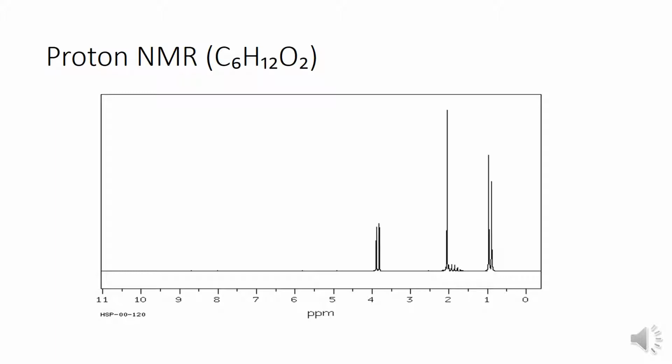Starting on the far right, we have an integration number for this peak of 6. Looking left, we have an integration of 3 for this large peak, and the next 2 peaks on the left look to be split, which means that some of our hydrogens in our structure are going to be split up into 2 groups. This has an integration number of 2.